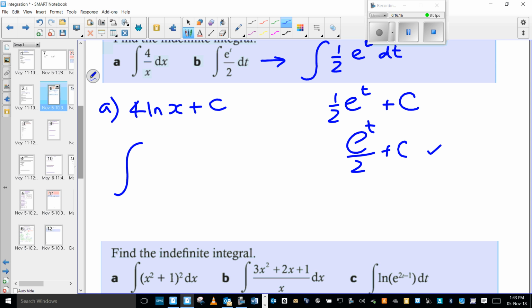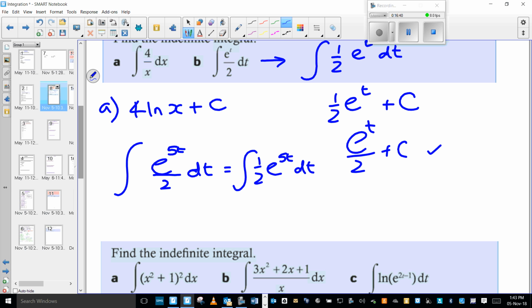1/2 e to the 5t. So we're integrating that. So we know it's 1/2 e to the 5t.